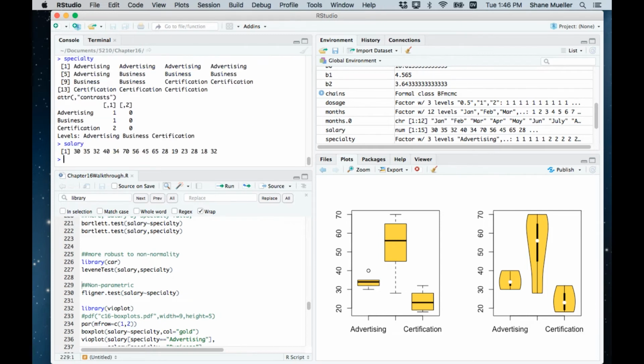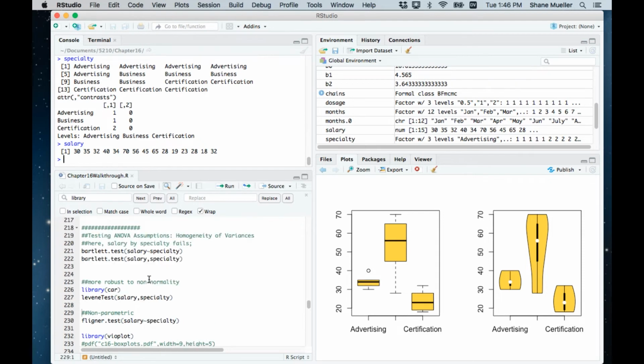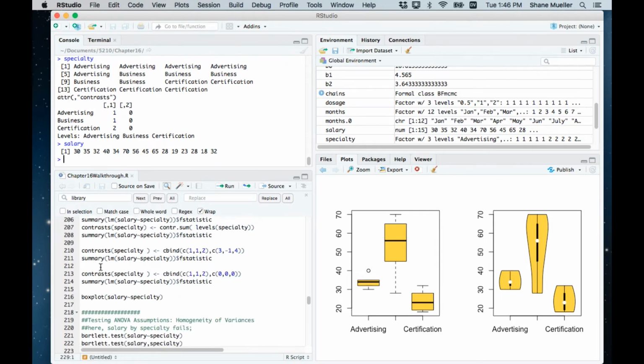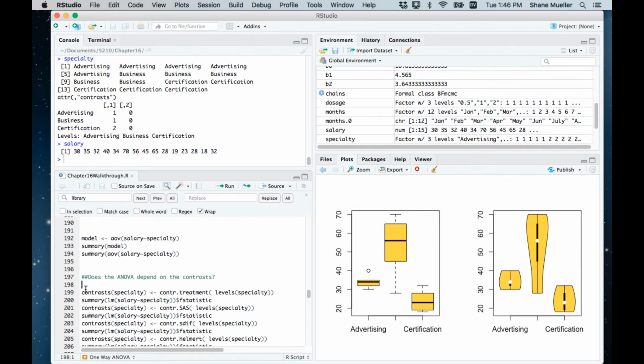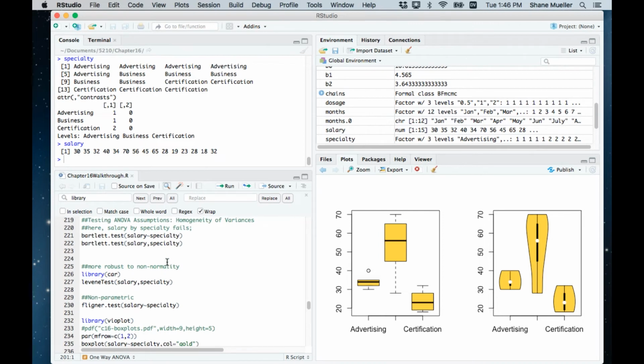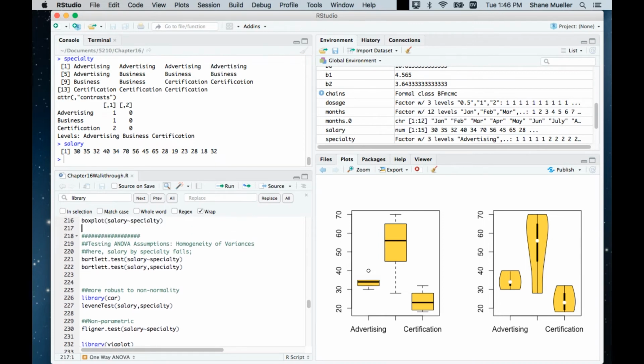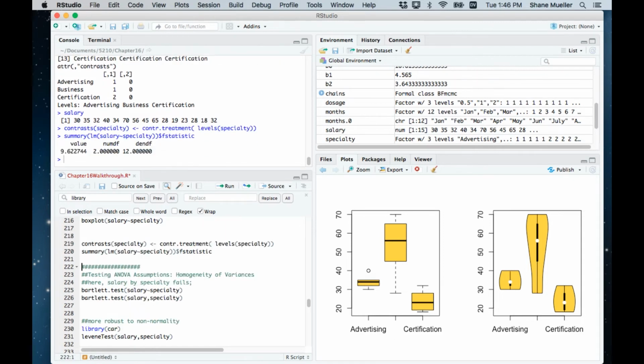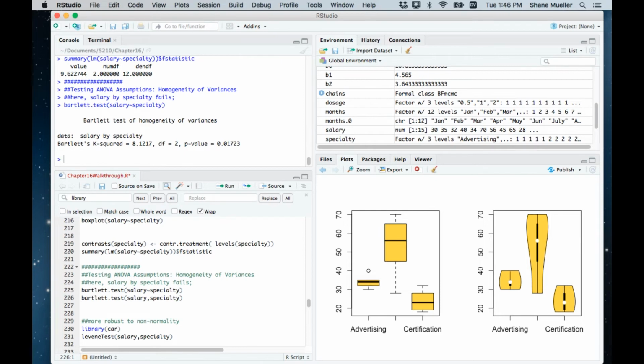Oh, you know what? I changed this contrast to be something that we don't want. So let's reset this before we do any of these, because specialty is now this degenerate contrast. Okay, so now that works.